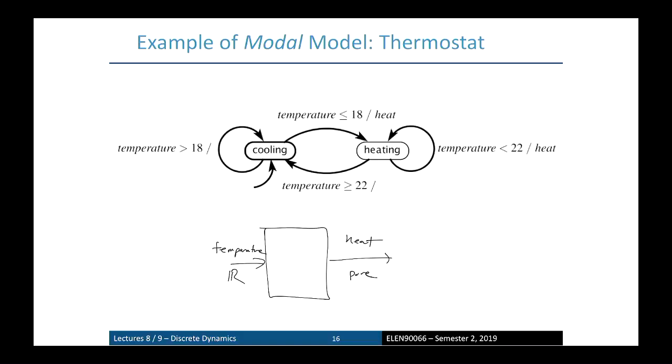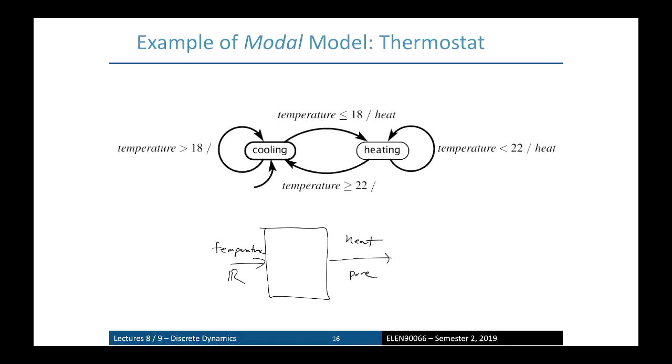We had a temperature controller that migrated between the cooling and heating states if the temperature got too low, below or equal to 18 degrees. And it remained in this state while it was less than 22. And when it got above 22, it went to the cooling state. This was a very simple setup where it had a real number as input and as an output was just a pure output heat, right?